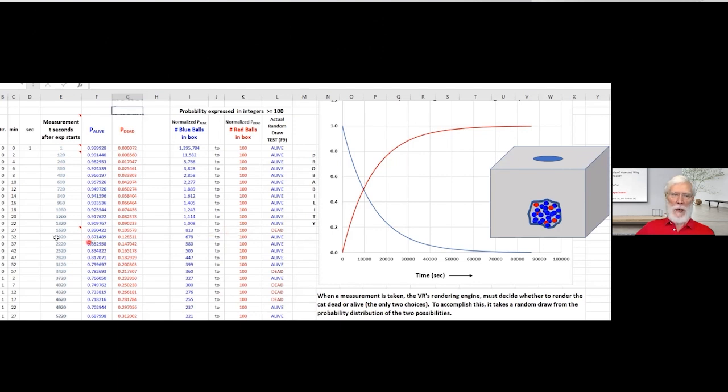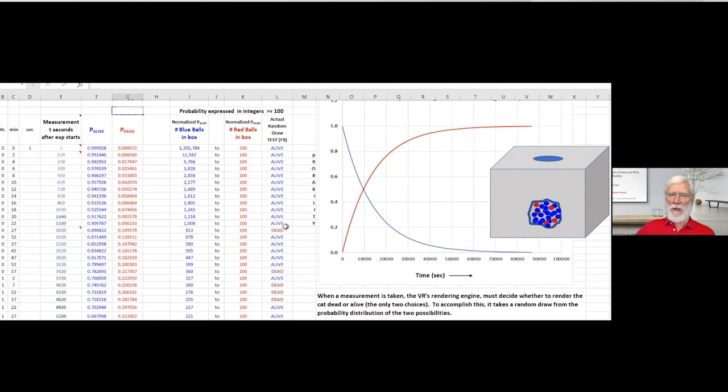That was the probability if we made a measurement of whether that cat was dead or alive at 1,620 seconds. That's 27 minutes into the experiment. So we started the experiment, 27 minutes later, we make a measurement. And basically, in the random draw, there's 813 blue balls that say alive and only 100 red balls that say dead.